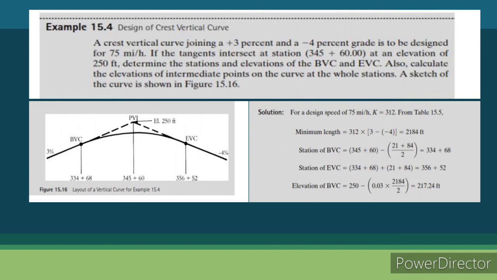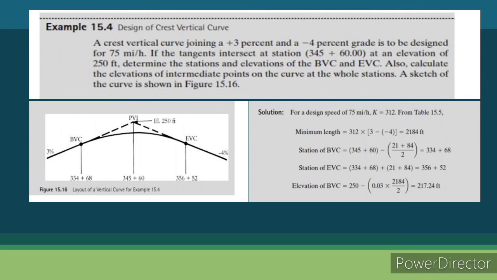We can calculate the minimum length by multiplying the value of k by grade 1 minus grade 2. So the minimum length is equal to 312 times 3 minus negative 4, which is 2,184 feet.